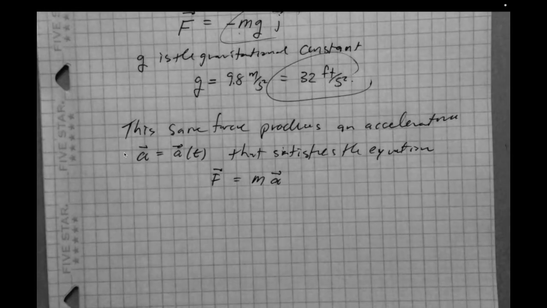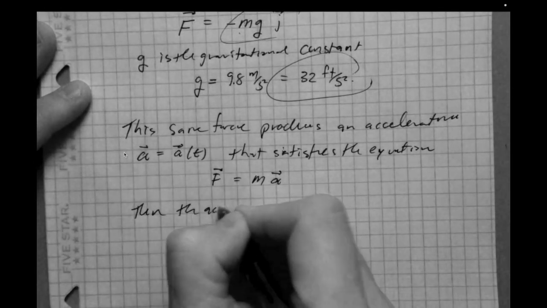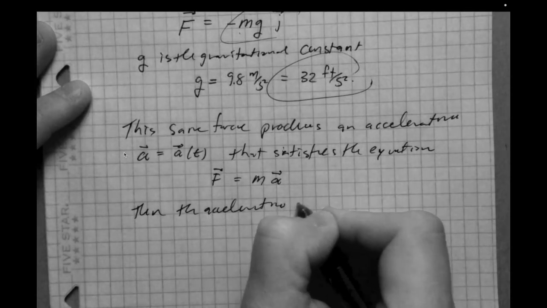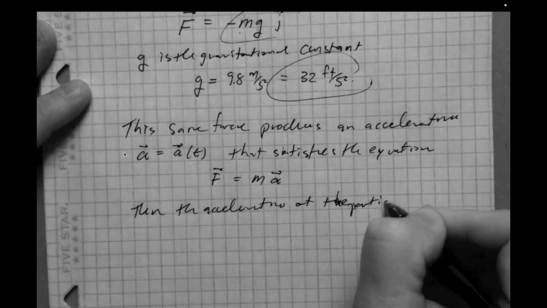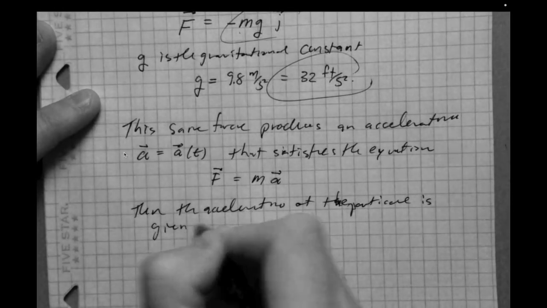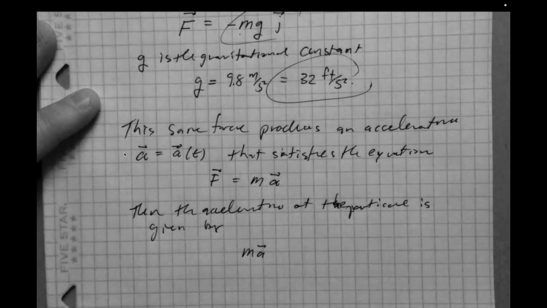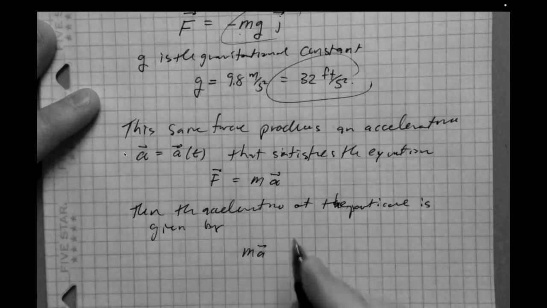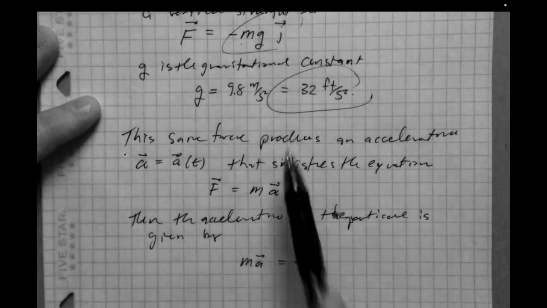So then the acceleration of the particle is going to be given by what? Well, the mass times the acceleration is going to be equal to the piece from above, same force.